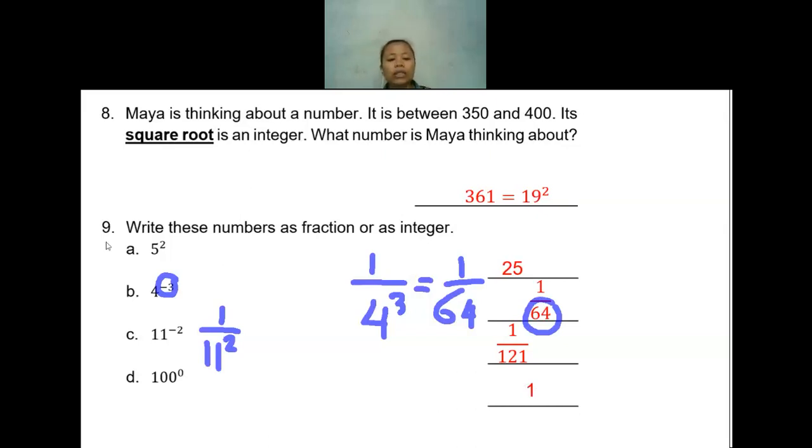Is there anyone still having questions? Oh yeah, someone asked me about question 8. For question 8, read the question properly. It is in between 350 and 400. If it is in between, it means 350 and 400 will not be included on the list. For example, can you see this one?